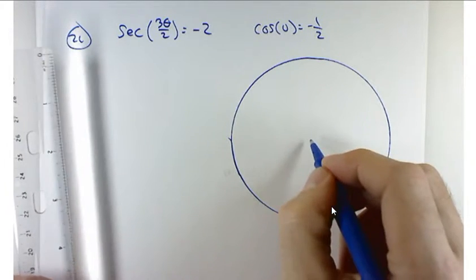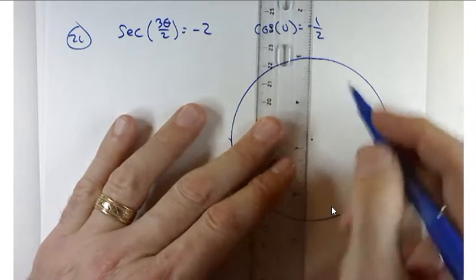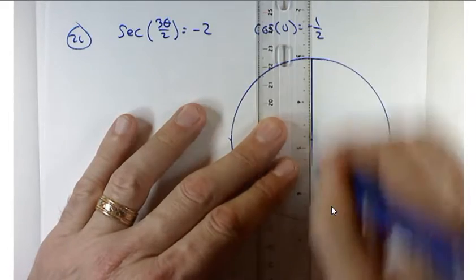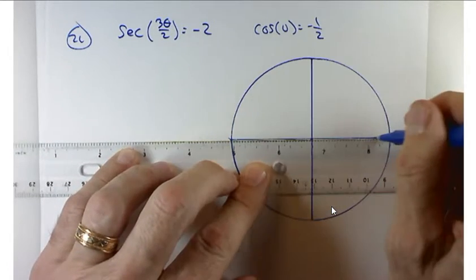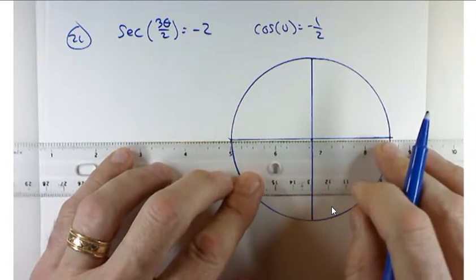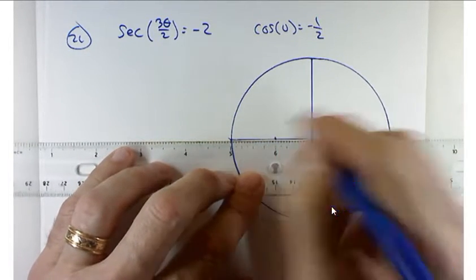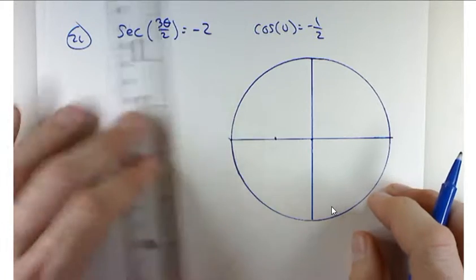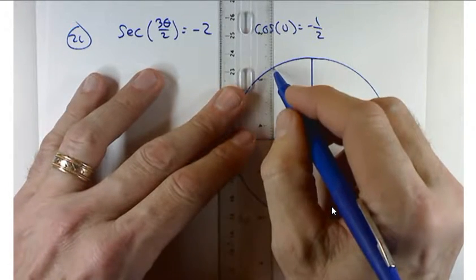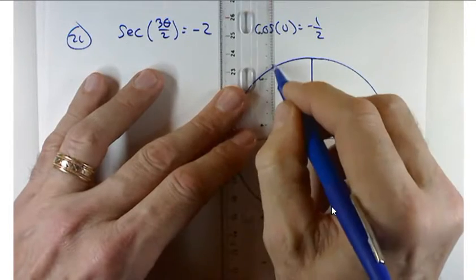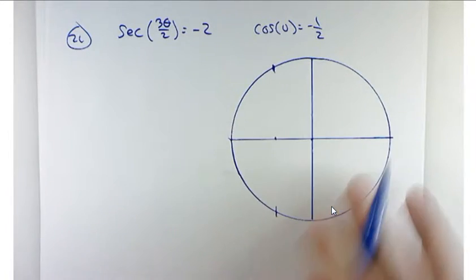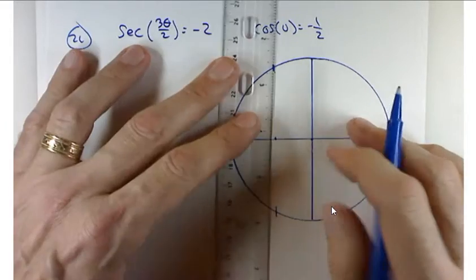So center's about here, and we've got our axes. So I want to know, roughly speaking, where does x equal negative 1/2? What angles have an x coordinate of negative 1/2? Well, there's going to be two of them, right? Up here and up here.